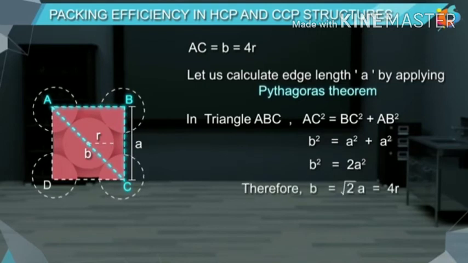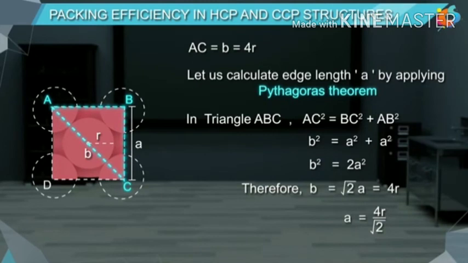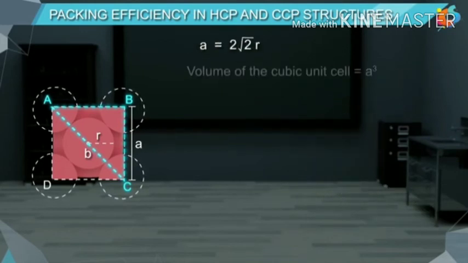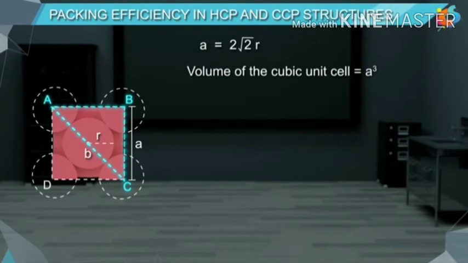Therefore, b is equal to square root 2 a, which is equal to 4r. Therefore, a is equal to 4r by square root 2, which is equal to 2 square root 2 r. Volume of the cubic unit cell is equal to a cube, which is equal to 2 square root 2 r whole cube.